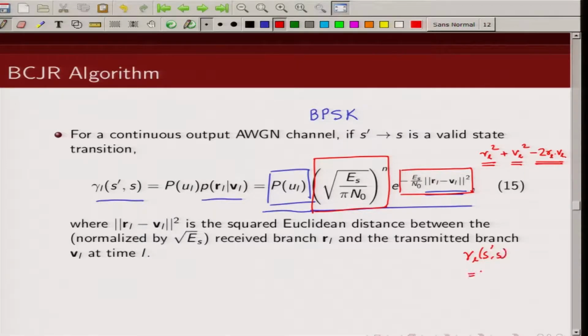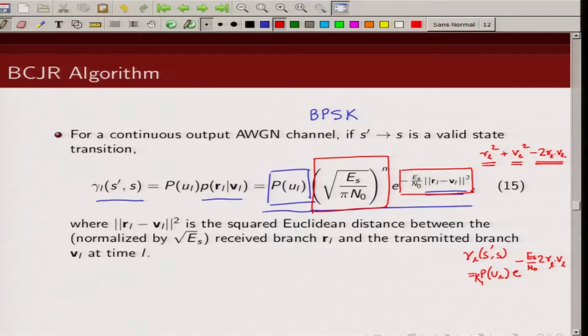It is basically the probability of U L and exponential of minus E S by N naught, times 2 times R L V L. So, it becomes the dot product between the received sequence and the transmitted code word V L. Of course, there is some constant term K 1 which is common.